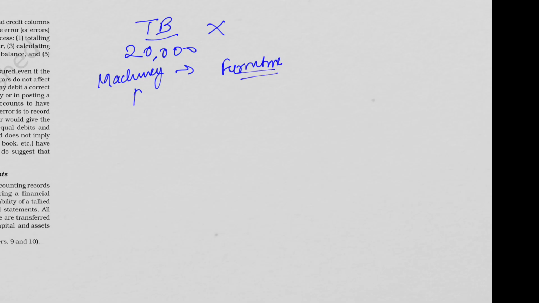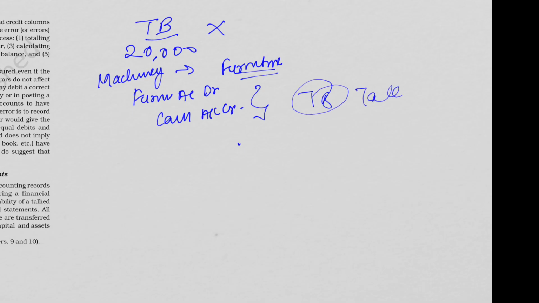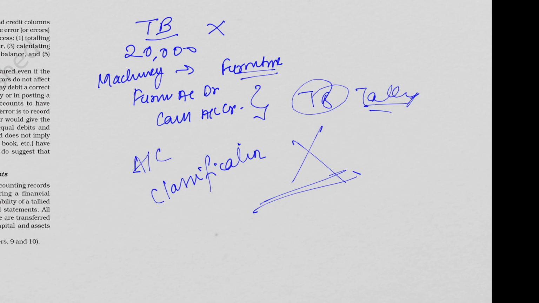The entry recorded is furniture account debit, cash account credit. Here both the debit as well as credit are equal, so the trial balance will tally, but the account classification is wrong.